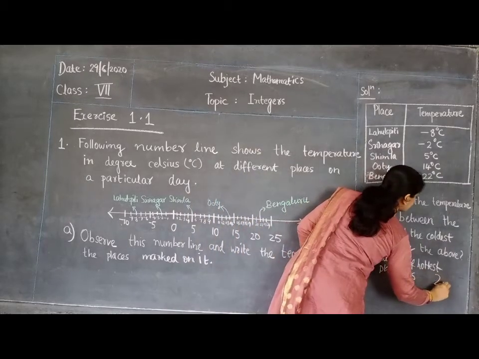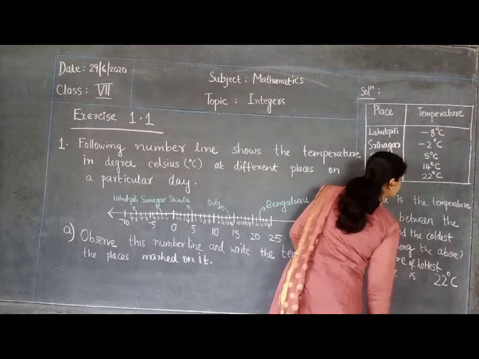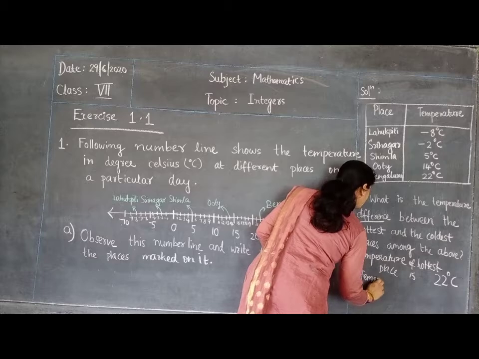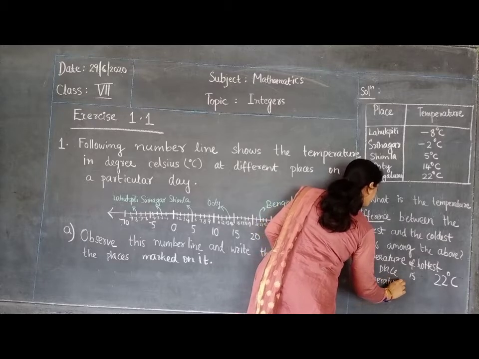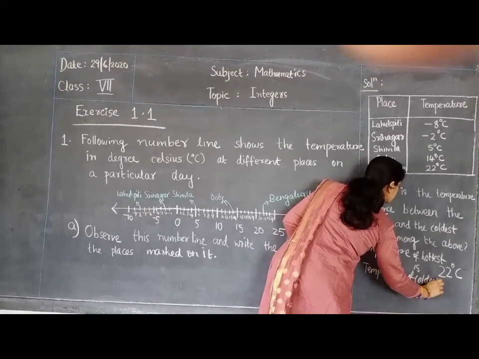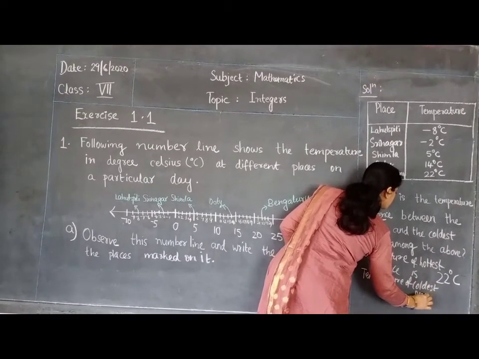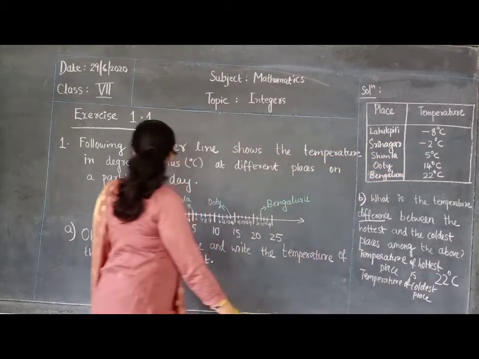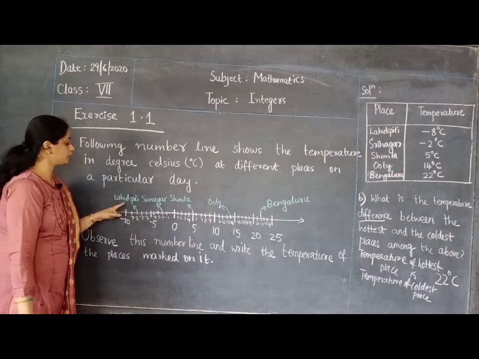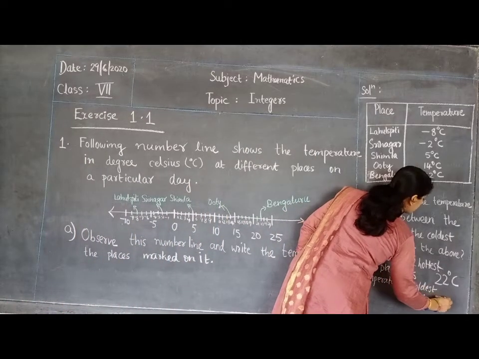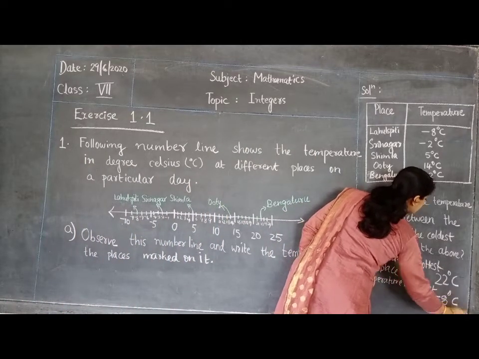That is the hottest. 22 degrees Celsius. Then temperature of coldest place, that is, you can see here, minus 8 degree. Lahul Spiti is the coldest, minus 8 degree Celsius.